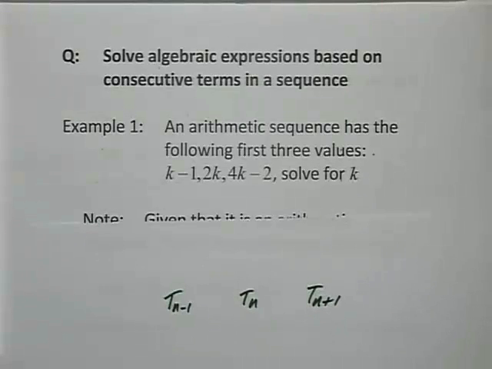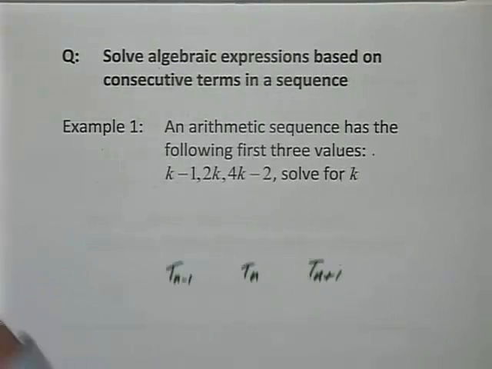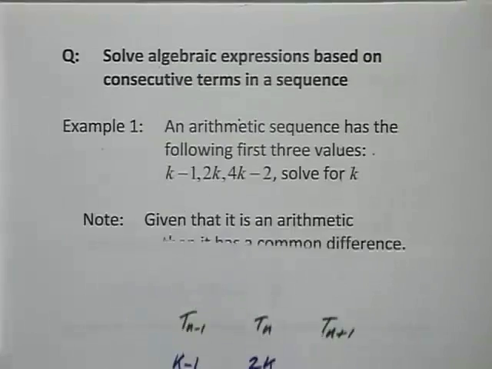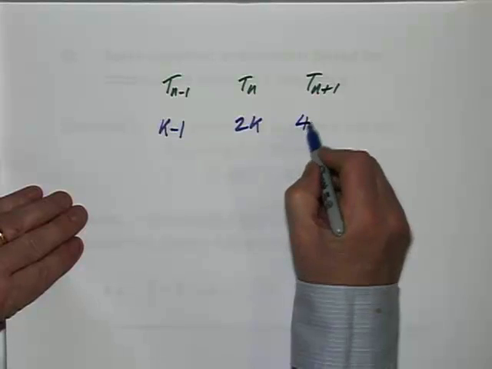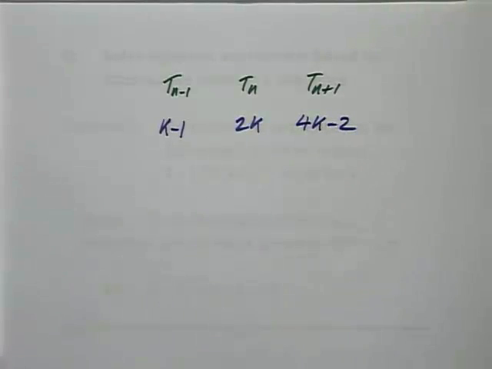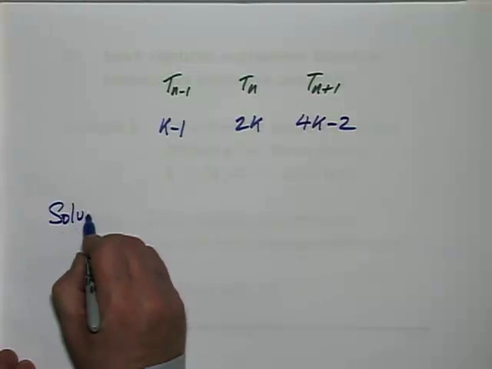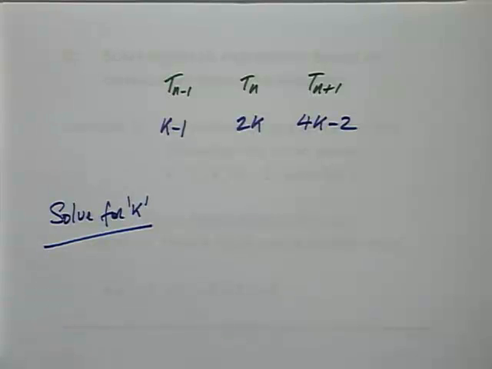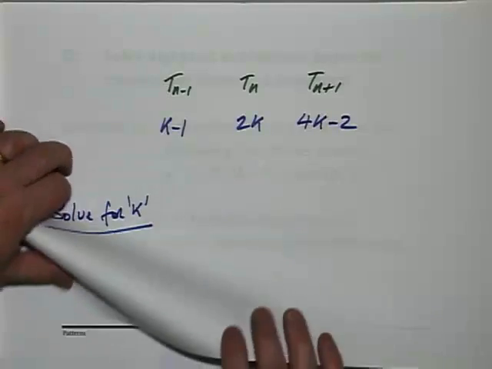And they said the terms are k minus 1, 2k, and 4k minus 2. Solve for k. Now, if you read the note there, there's one really important term.